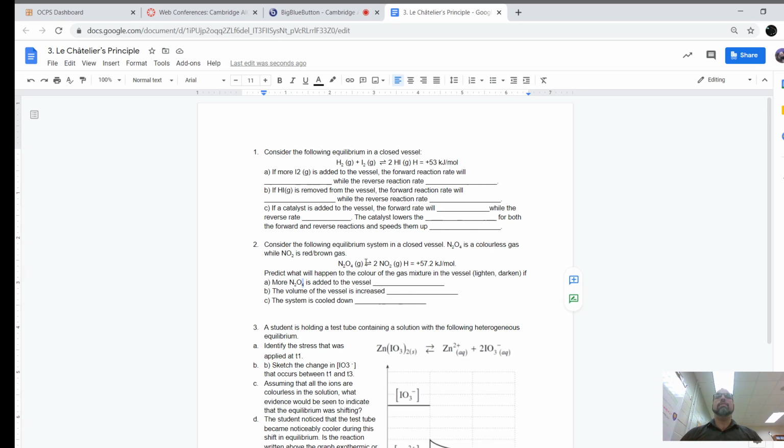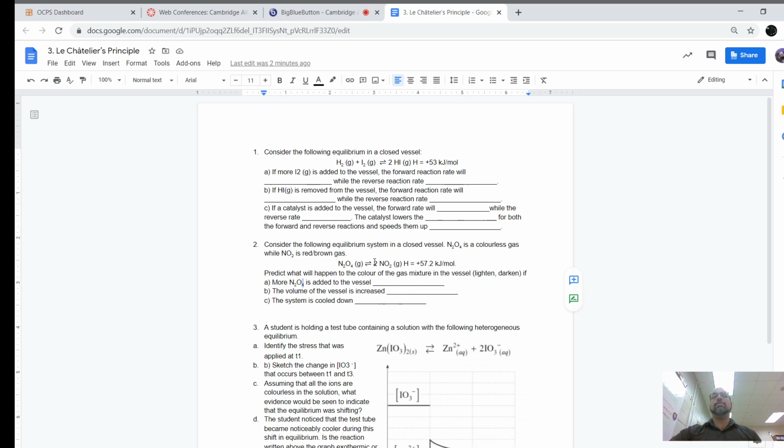So if you decrease the pressure, you're going to push it towards the right. The logic behind this is that now that there's less pressure, fewer NO2 collisions are going to be happening, and therefore the reverse reaction gets reduced in this case. Okay.